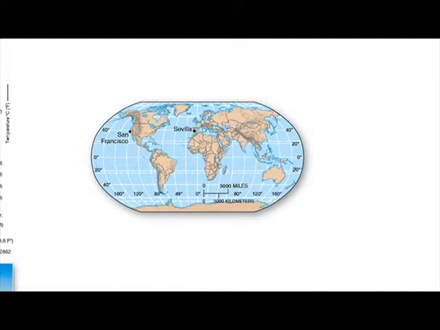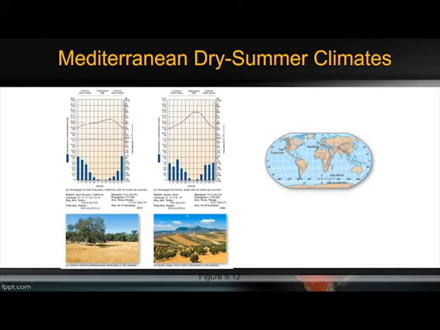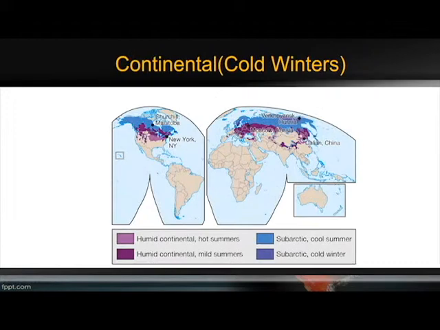What happens in winter? The ocean is relatively warmer, increasing evaporation, then you expect what? You expect precipitation. That's my favorite type of climate, the Mediterranean dry summer climate.